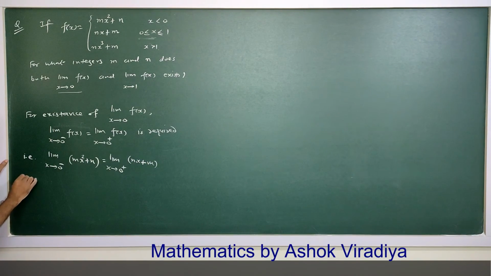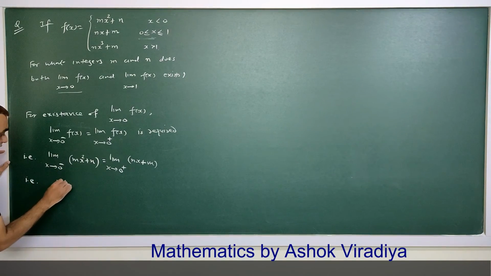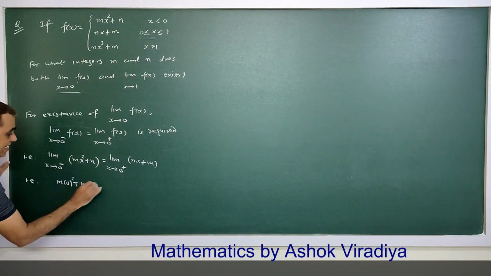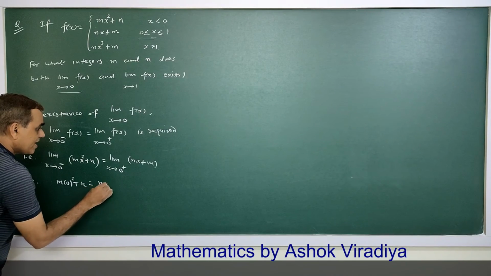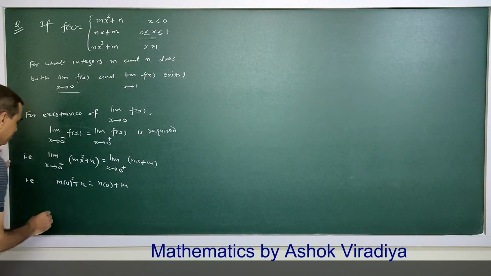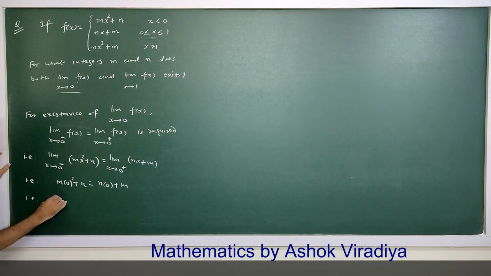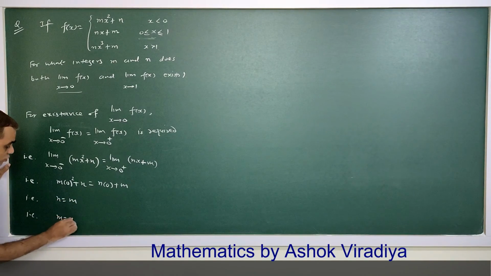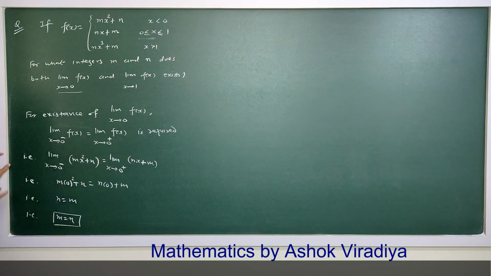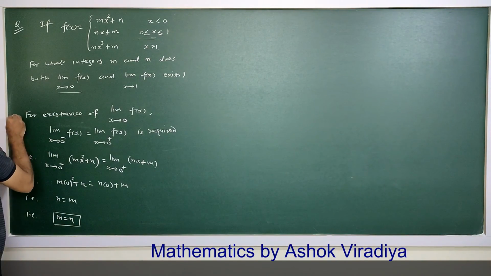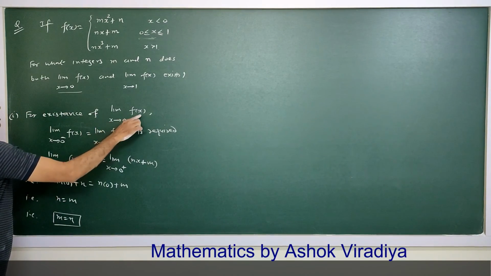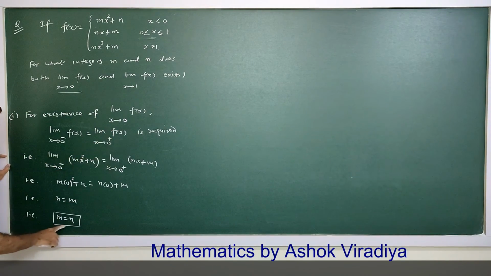That is, now putting x equal to 0 here, m into 0 square plus n equals n into 0 plus m. That is n equals m. That is m equals n is required for existence of the limit of the function at 0. This is required.